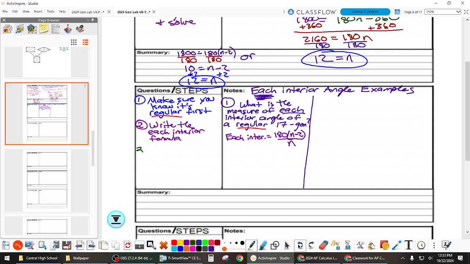Oops, it's already a 2. You'll see a common theme here. Plug in what you know. What do we know? Do we know each interior angle? No? That's what we're trying to find. What do we know in this equation? I'm saying, what do we know that we can plug into it?